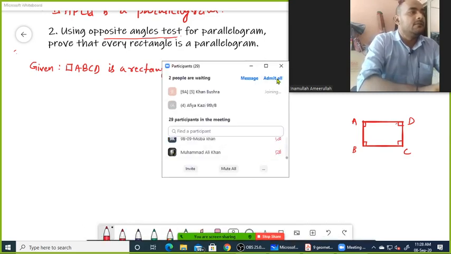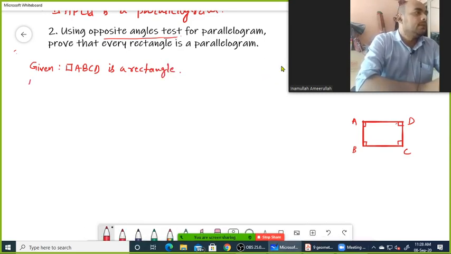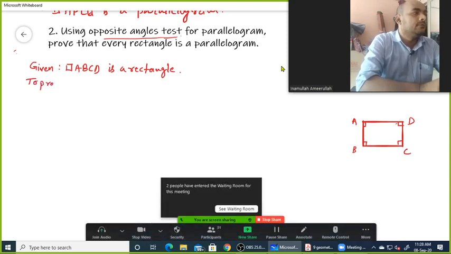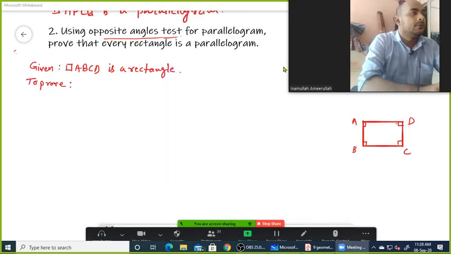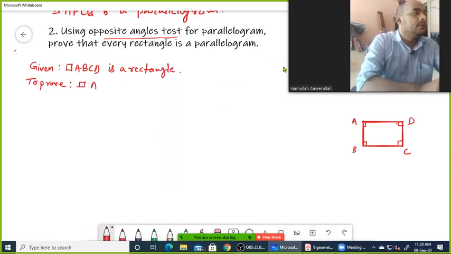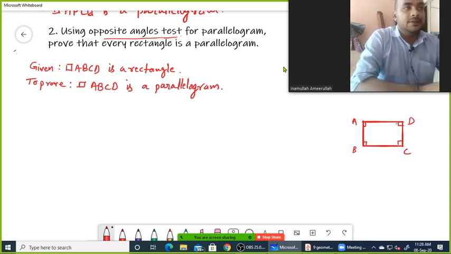So this is the given information for us, and we need to prove quadrilateral ABCD is a parallelogram. So quadrilateral ABCD is a rectangle, this is given information, and quadrilateral ABCD is a parallelogram, that we need to prove. Now the proof.